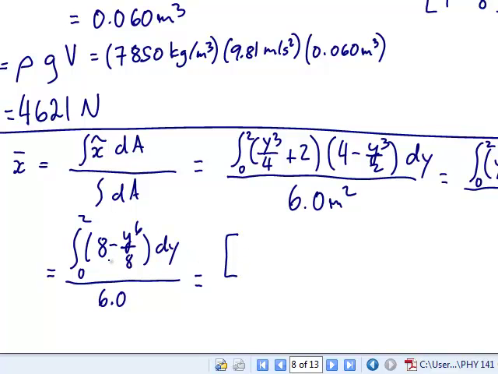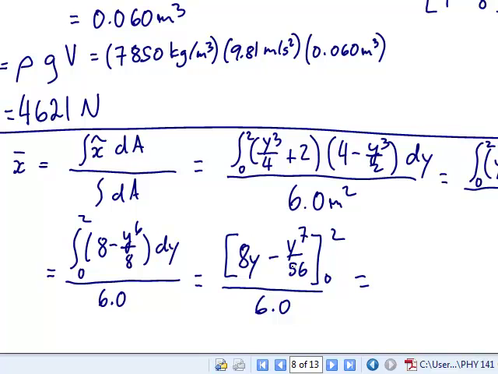So antiderivative of 8 is going to be 8y. Antiderivative of y to the 6 over 8 is y to the 7 over 56. Between 0 and 2, again, all over 6. You don't have to evaluate it at 0 because all of the terms are 0. Just evaluate it at 2.